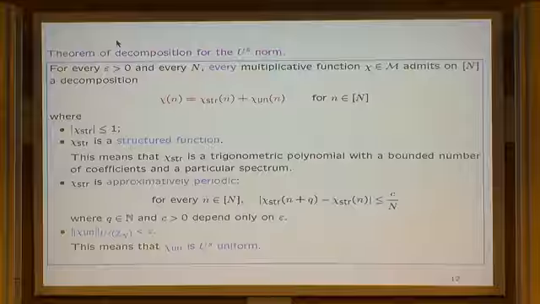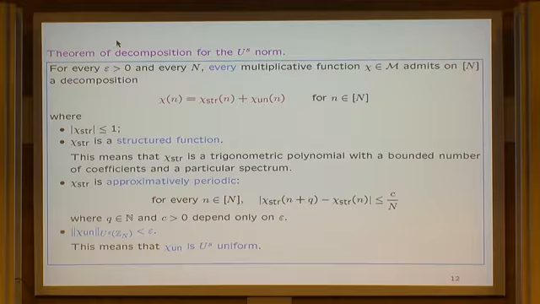Q as well as the other constants do not depend on n or on the multiplicative function. And the rest is just uniform: the Gowers U^s norm is less than epsilon. This is a bit technical, but it was the result that we needed.